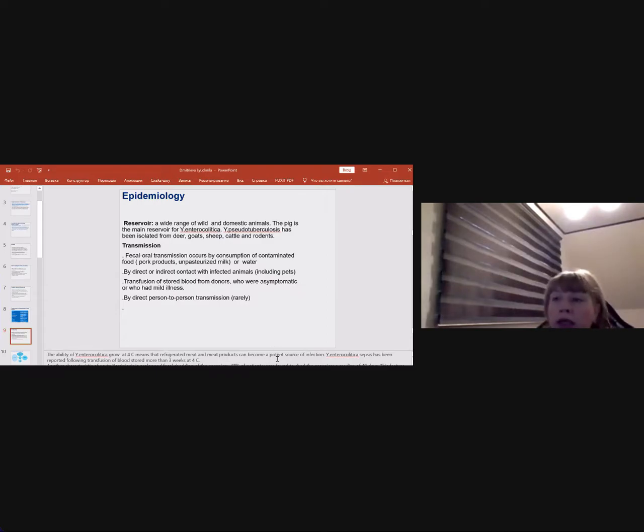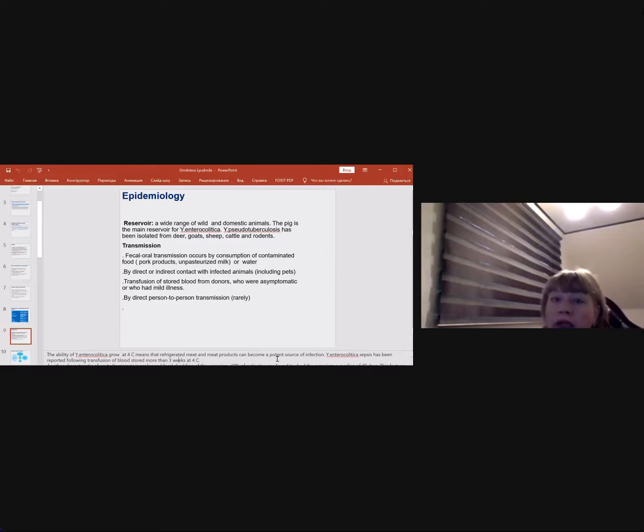We know that Yersinia species may stay outside, in water, in the soil, at low temperatures for a long time. The next reservoir for Yersinia species may be animals, and usually rodents. Yes, it may be mice or rats.